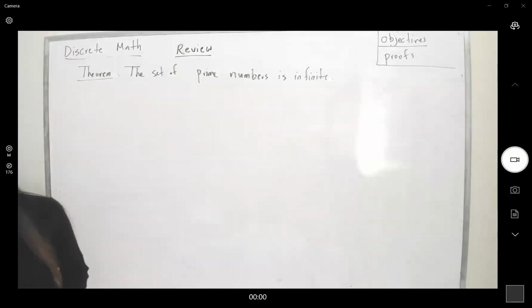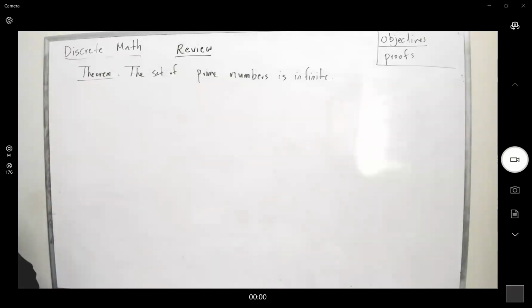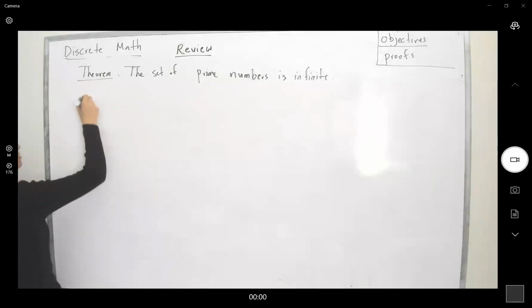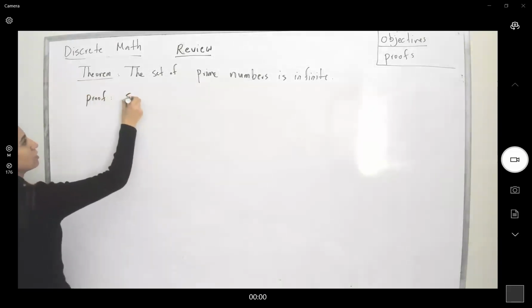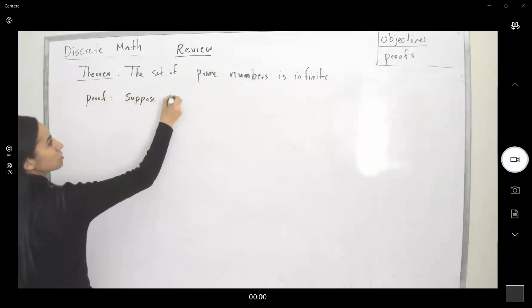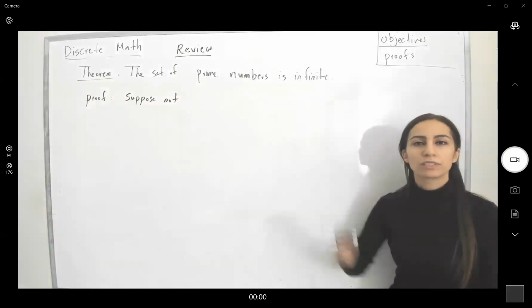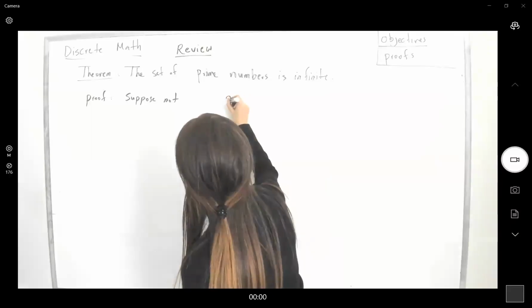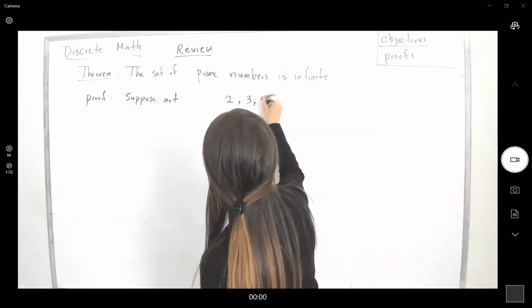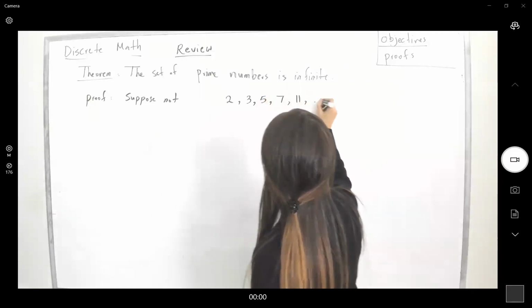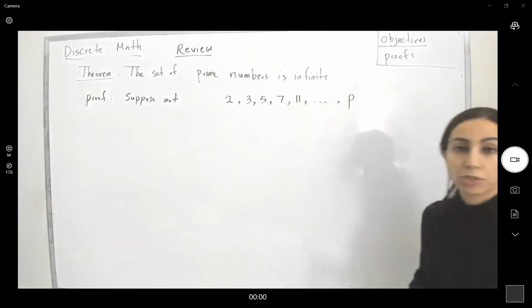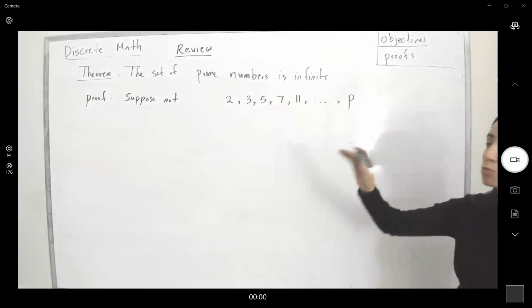How do we prove that? Suppose not. So here you have your proof. Suppose not. What's the meaning of that? It means that if you assume you have set of prime numbers, it stops somewhere. So you have 2, 3, 5, 7, 11, and it stops at P. Suppose P is the largest prime number.